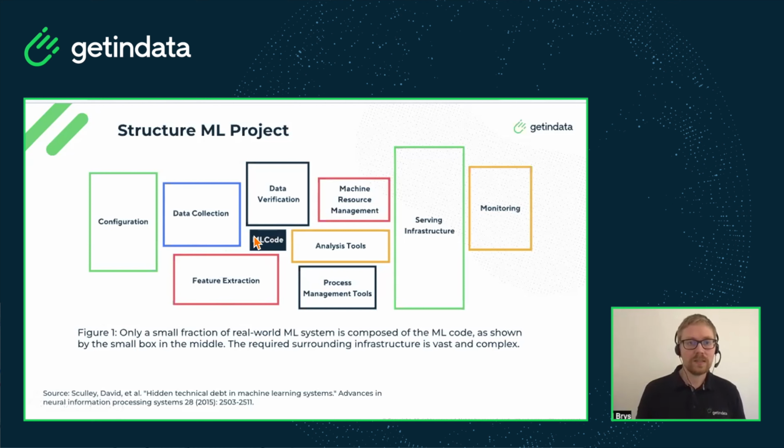So we can see that the ML code is only the small portion of the whole project. We've got also some components needed for data collection, for some feature extraction, for data validation, for machine learning model serving infrastructure, even some infrastructure for model monitoring. So the machine learning model code is only small part of the whole process.